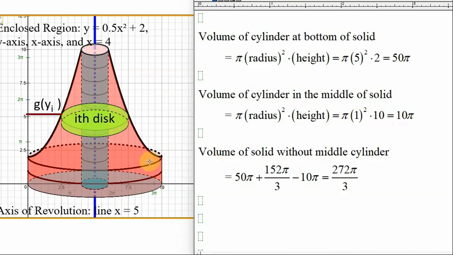And so the volume of the solid of revolution here, the whole thing without the hole in the middle, will be the 50 pi for the bottom cylinder, and then 152 pi over 3 for the bell, and then minus the cylinder in the middle, which is 10 pi. And we get 272 pi over 3, which is exactly the same thing that we got earlier when we used the shell method. And that's the end of the video.